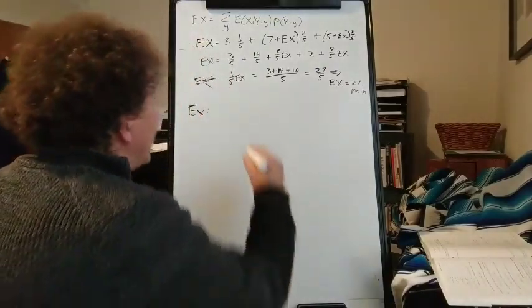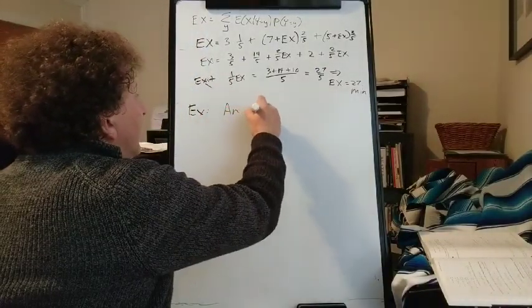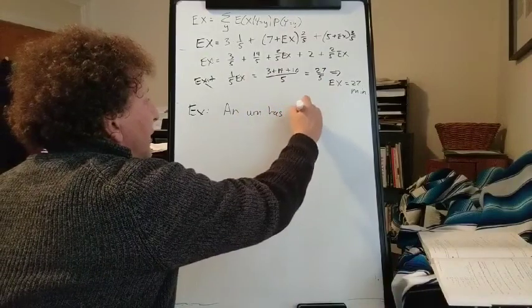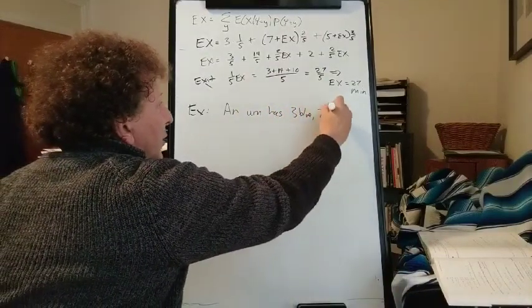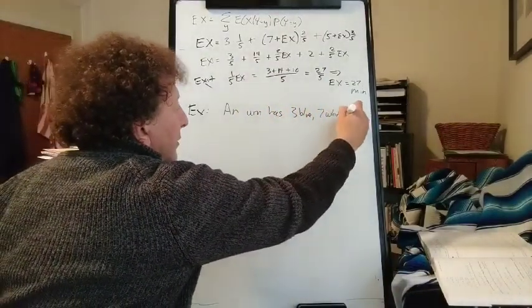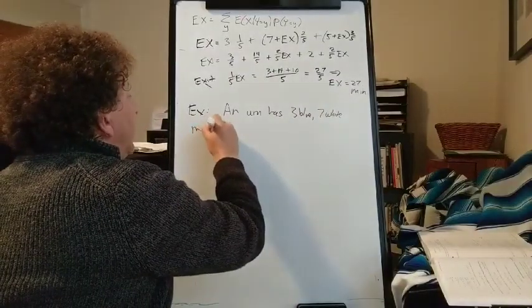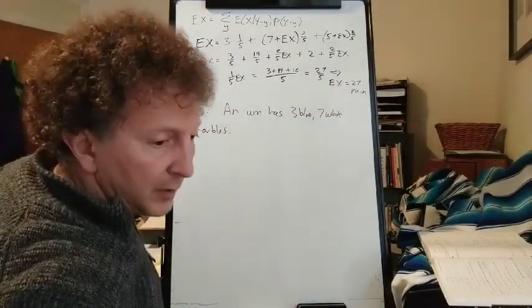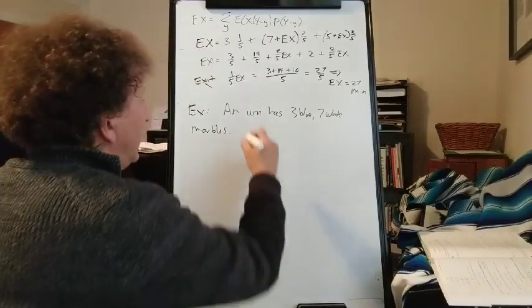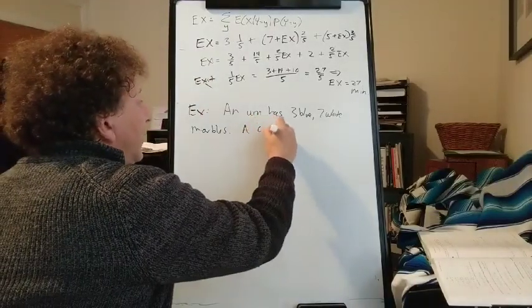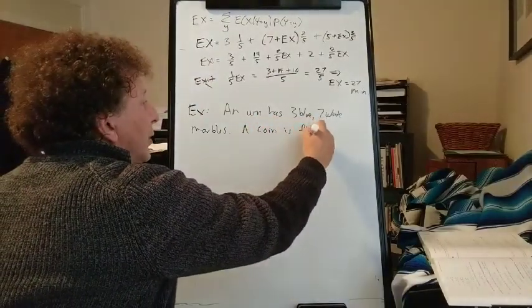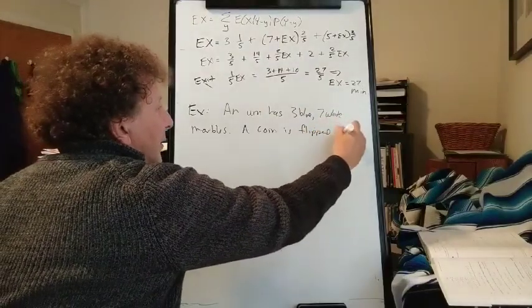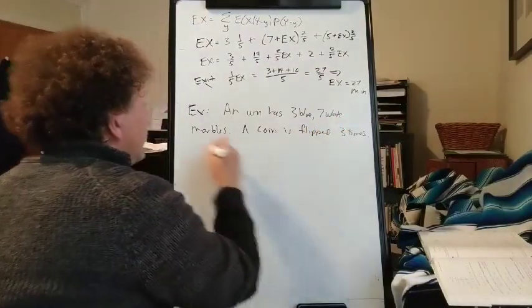All right, let's say an urn has 3 blue and 7 white marbles. And a coin is flipped 3 times.